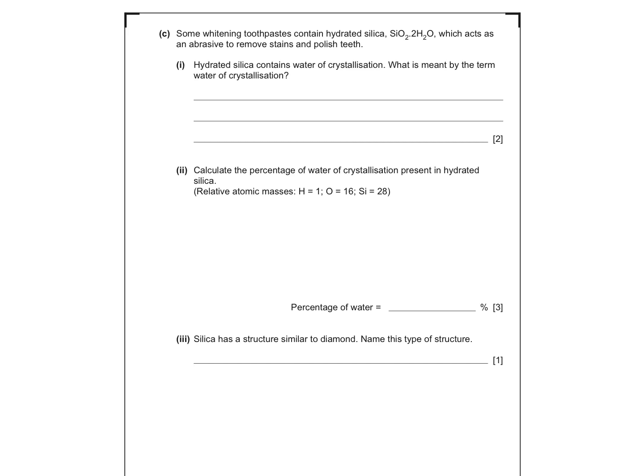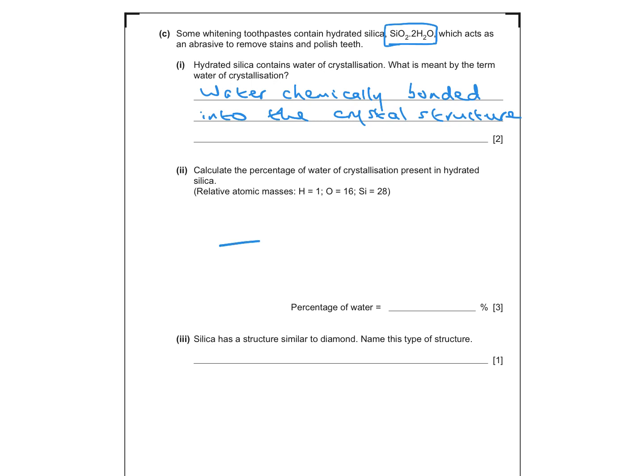Okay, here's just a definition of water of crystallization. The percentage of water of crystallization. Now, the way you work that out, look at the formula of the silica. What you've got to do is work out the RFM of the hydrated salt, and the RFM of that is 96.